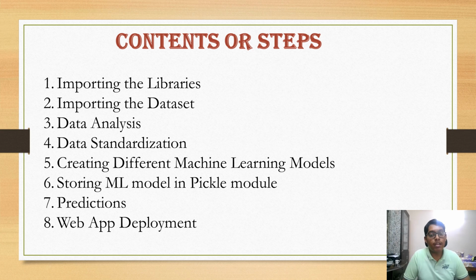Then we can create different machine learning models. After creating the models, we can store the ML model in the pickle module. Then we can do some predictions, and lastly we can deploy the web app.